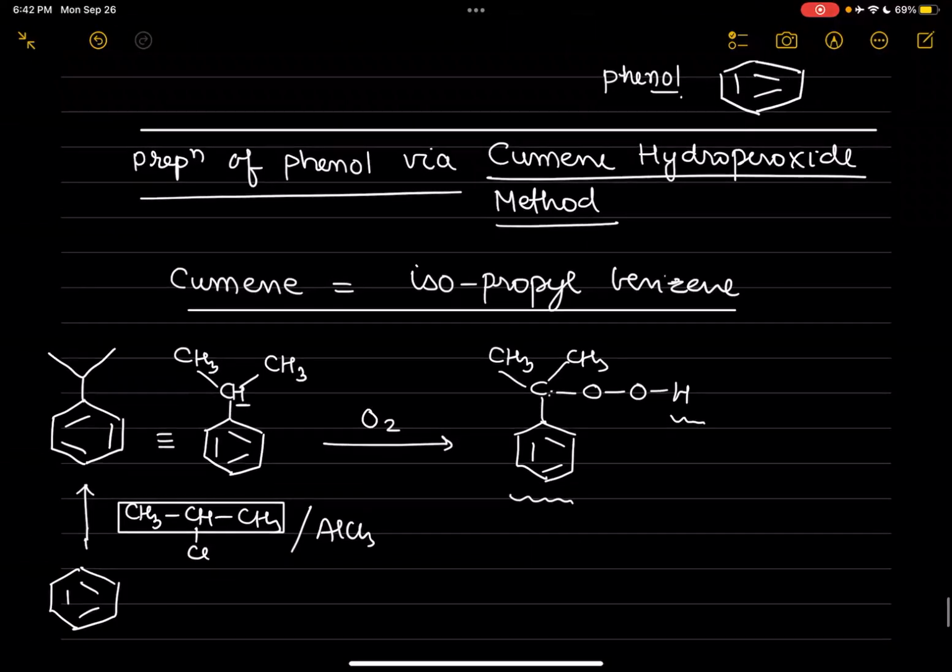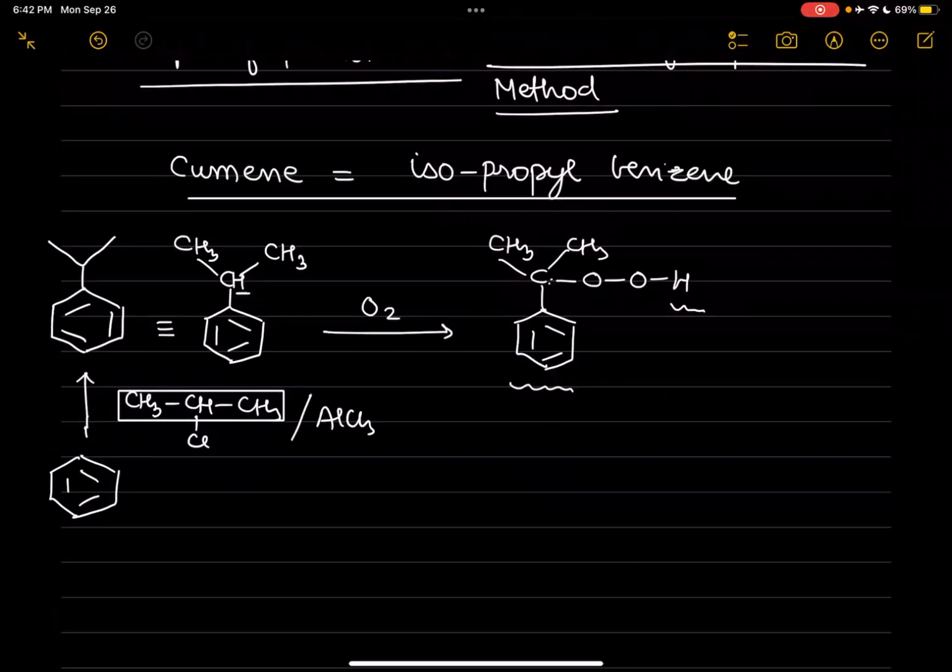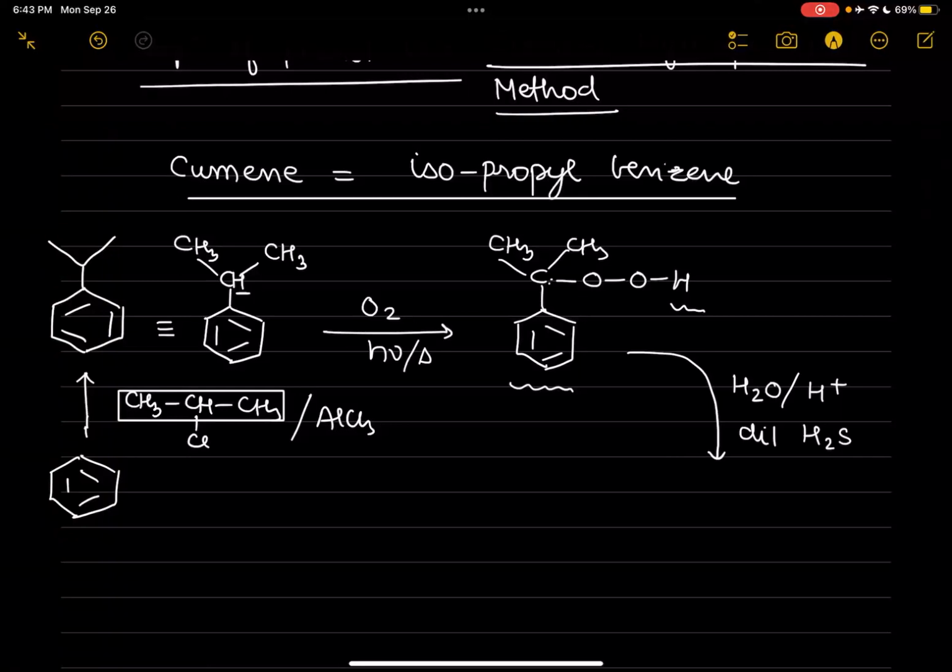Cumene hydroperoxide method, right? After reacting with oxygen using light or heat, you treat it with water in acidic medium, that is dilute H2SO4.